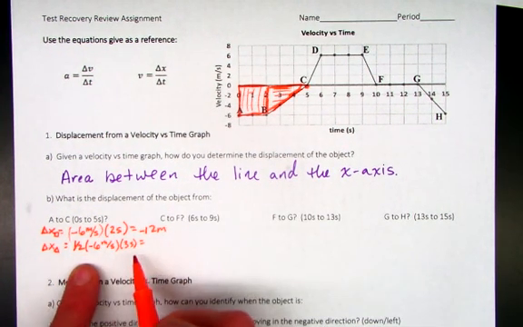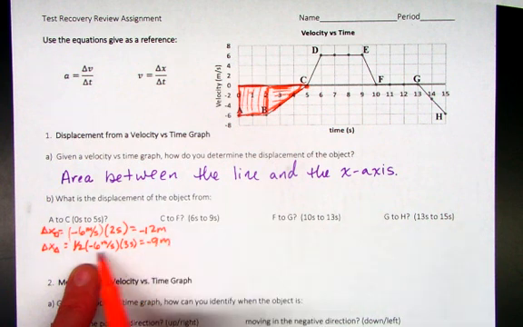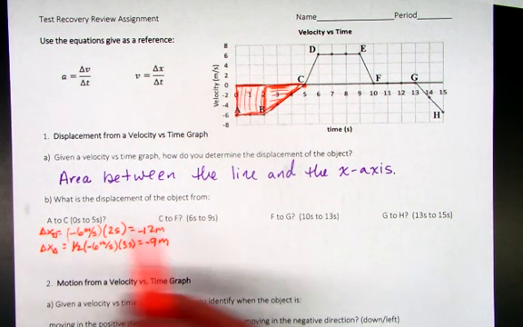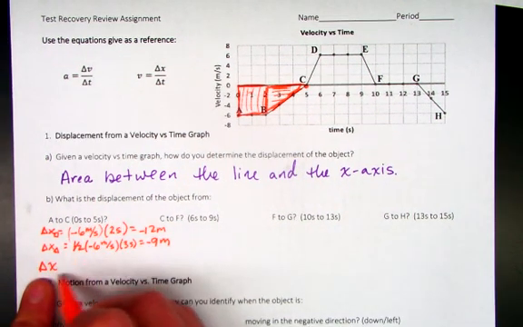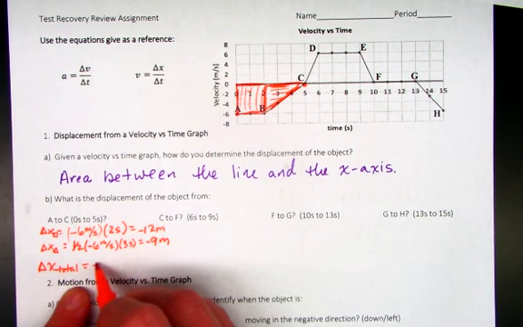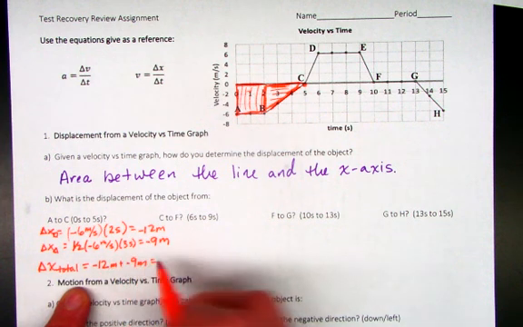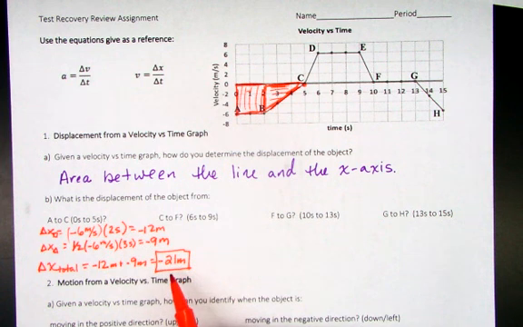If you plug that in your calculator or multiply by hand, 1/2 of -6 is -3, times 3 is -9 meters. So the total displacement from 0 to 5 seconds is just the sum of these two, -12 meters plus -9 meters, and so you get -21 meters, which means 21 meters in the negative direction.